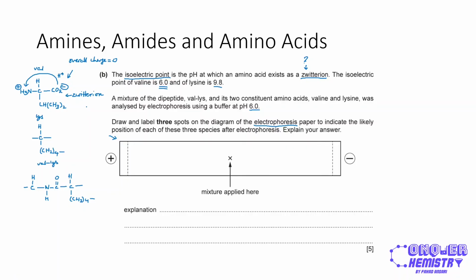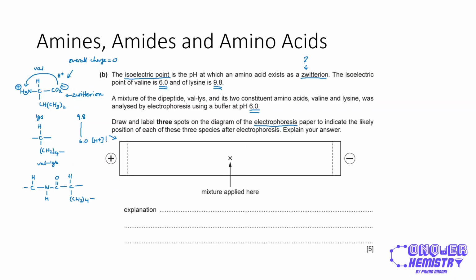All right, and lysine over here has an isoelectric point of 9.8, but the pH of the buffer is 6.0. Now, what effect does this have on the nature of the lysine molecule at this pH? Well, if your isoelectric point is up here at 9.8 and the pH of the buffer is way down here at 6.0, then at this low pH we can assume that there's an excess of hydrogen ions.